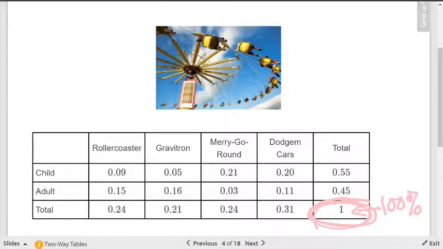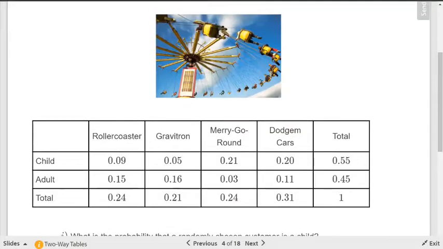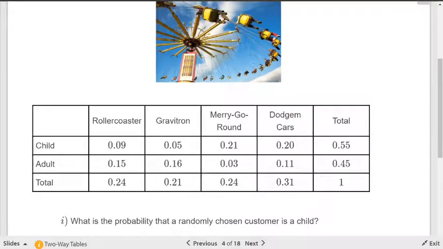Or you can put it in your calculator as a percent and then times, if you know what you're doing. You can either move the decimal, change it to a decimal, and then multiply it. There you go. All right, let's look at some questions. So here we go. What is the probability that a randomly chosen customer is a child?